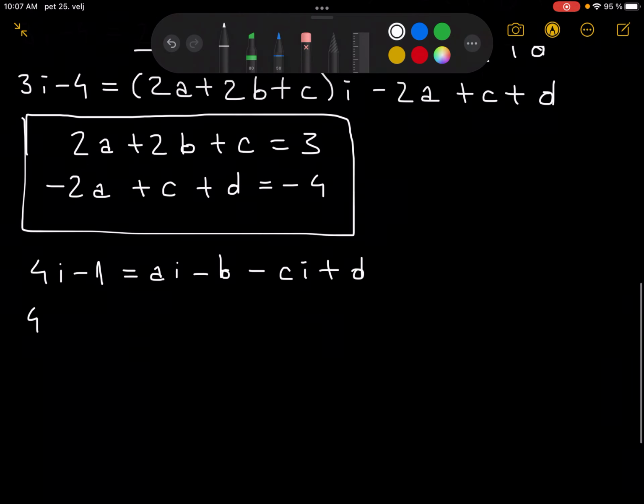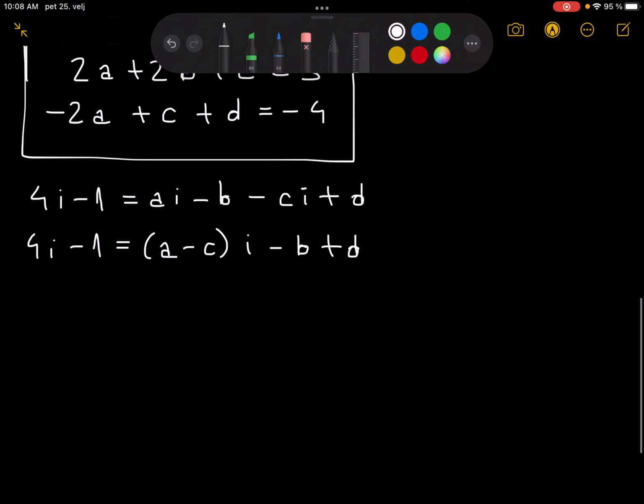And let's go ahead and rearrange this one as well. So that will give us a minus c times i minus b plus d. And from here we're going to get the other two equations. So a minus c must be equal to 4, and negative b plus d is equal to negative 1.